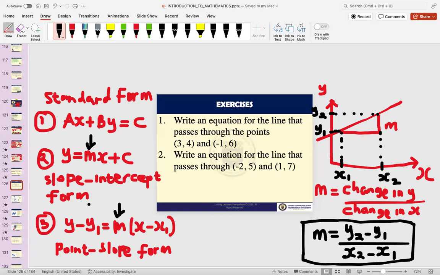Please, a quick one. I want to have some clarification here. The standard form, the ax plus by equal to c. So meaning that you are not always going to have the x and the y on one side to have it as standard form, linear.